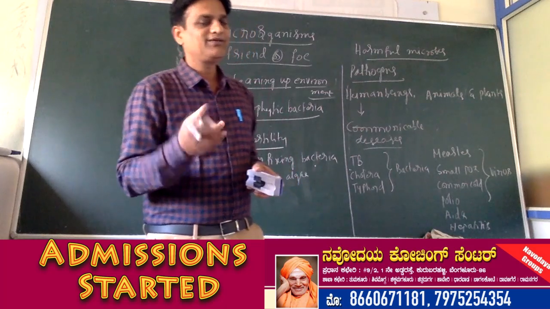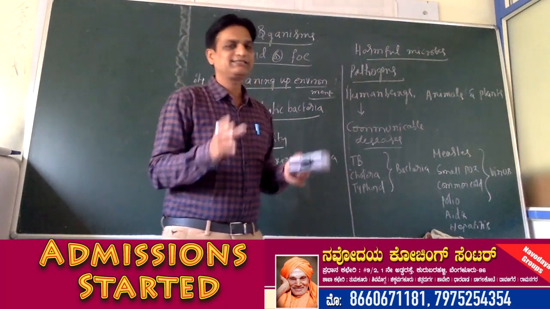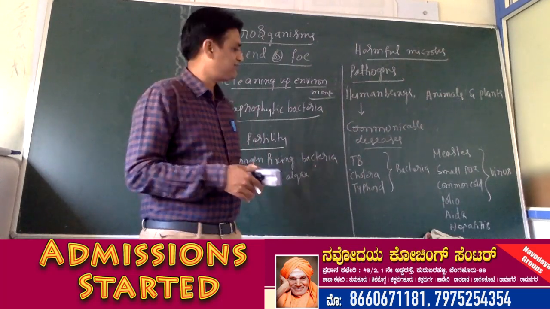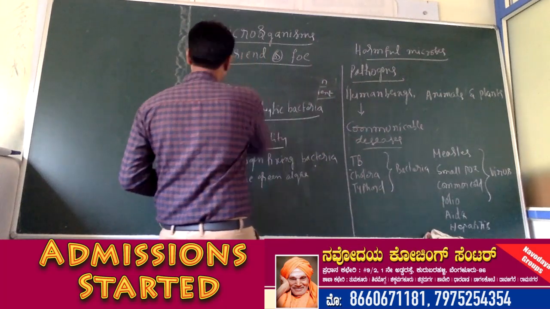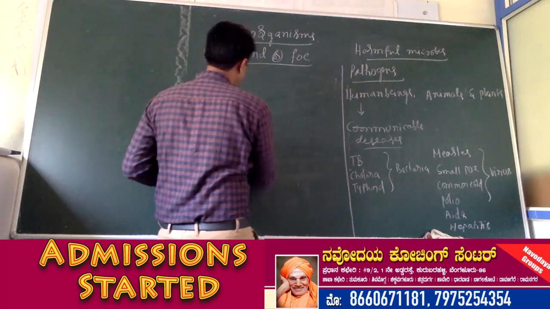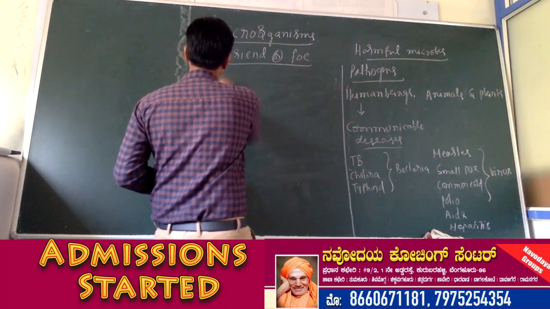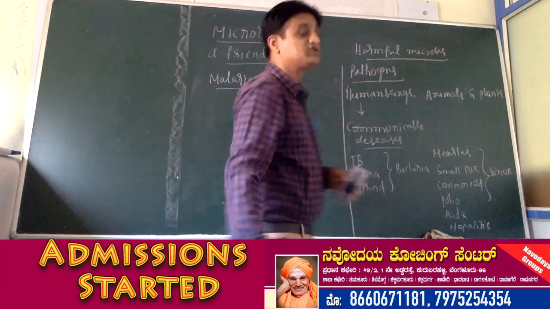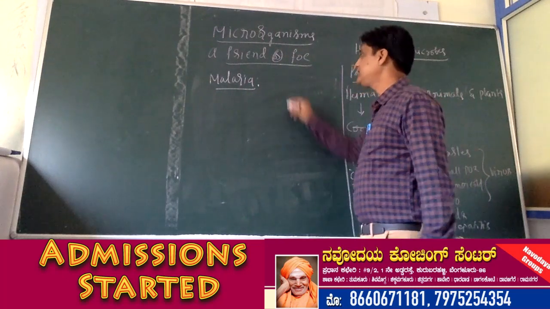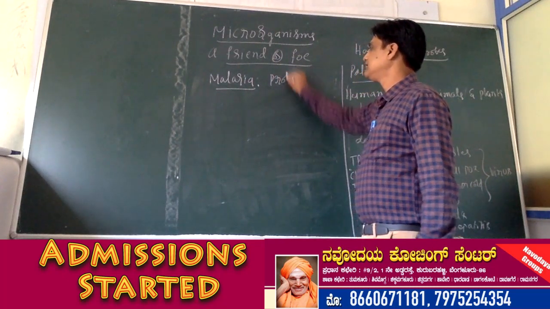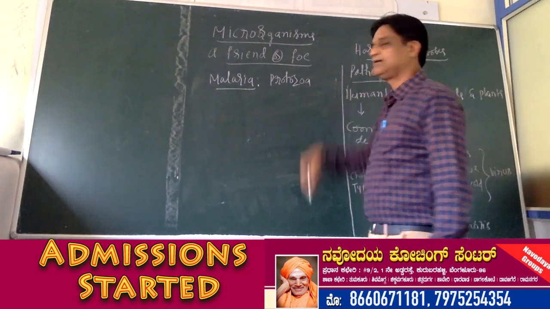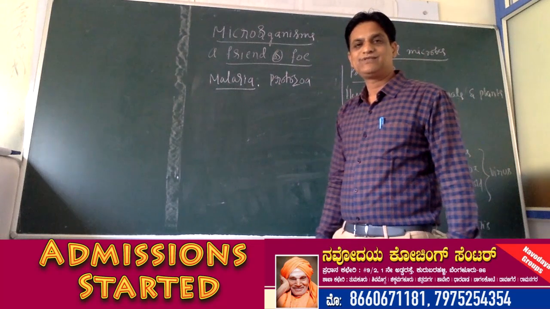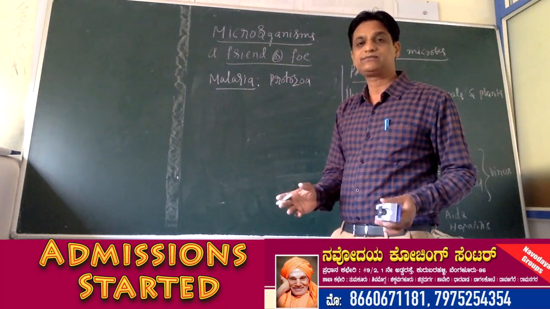And similarly, one more important point you have to remember related to disease-causing microbes is malaria. So malaria is an example of a disease which is caused by a protozoan. So which are the examples of protozoans?